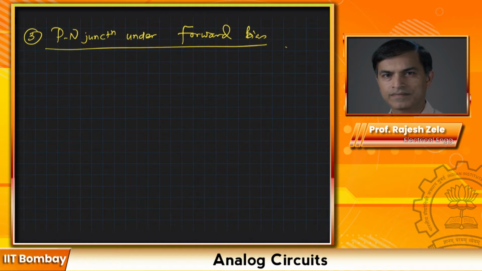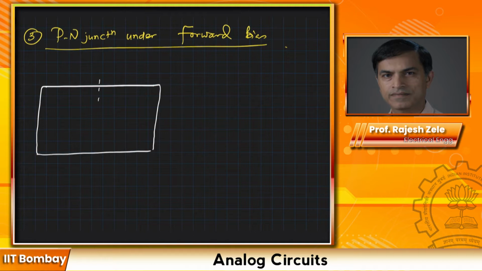In this particular case, something very interesting happens. So we take the PN junction and here we are going to connect. This is P type and this is N type. So in this case we are going to connect P type to positive and N type to negative.